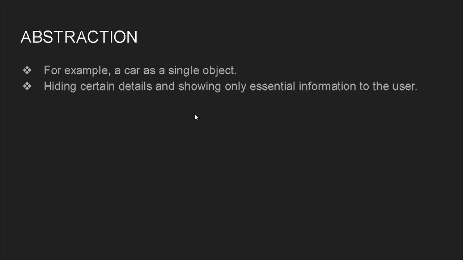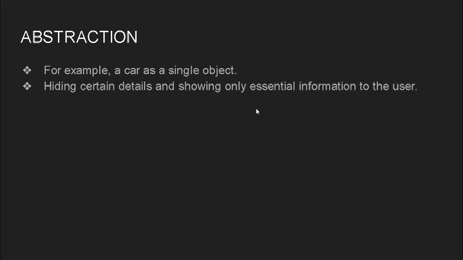He just needs to know how to drive the car, how to operate the steering wheel, how to press the pedals, how to operate the gear lever, etc. These are the only things he needs to know. But a car contains a lot of internal parts which the driver has no knowledge about. This is what abstraction is all about: hiding certain details and showing only essential information. That is what is called abstraction.